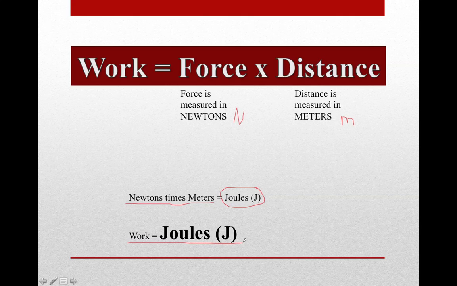I can say, wow, today I did 100 joules of work. Or 50 joules. That represents how many joules I use. That is our unit, similar to a unit of distance, which is meters, or force, which has units of newtons. Work has units of joules.